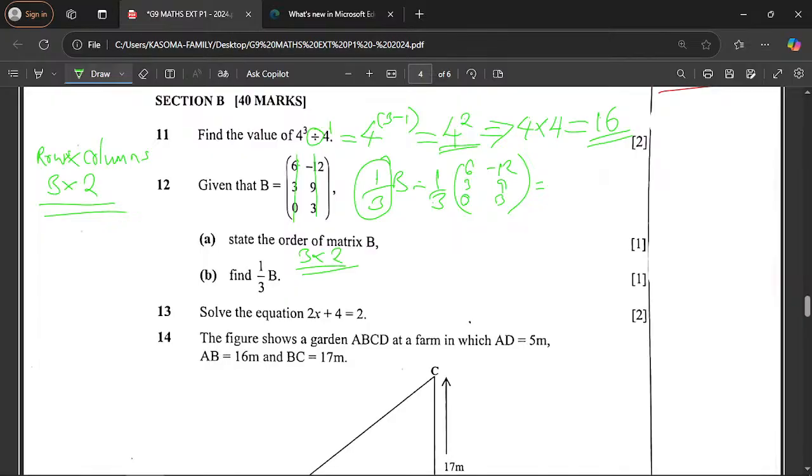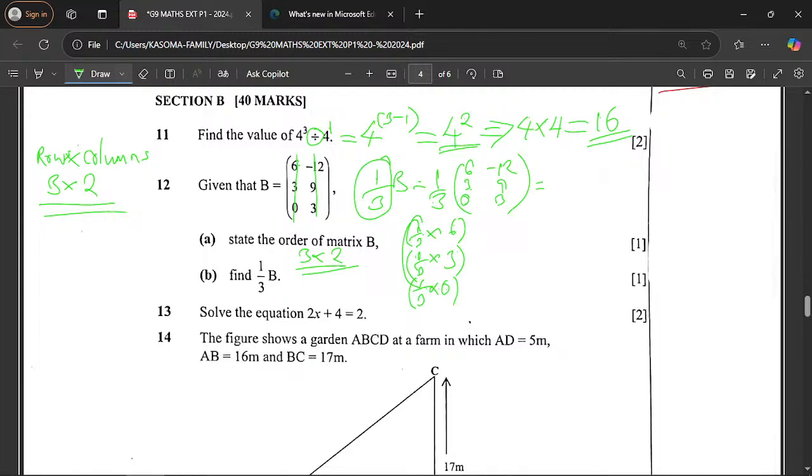So we are going to come up with something like this, a bigger matrix, where we say 1/3 by 6, with each number put in brackets, then 1/3 by 3, then 1/3 by 0.